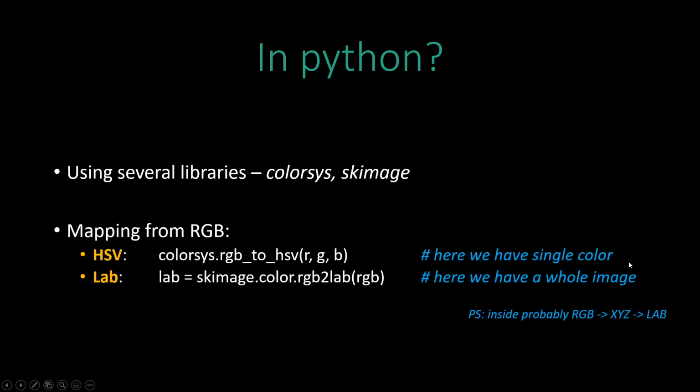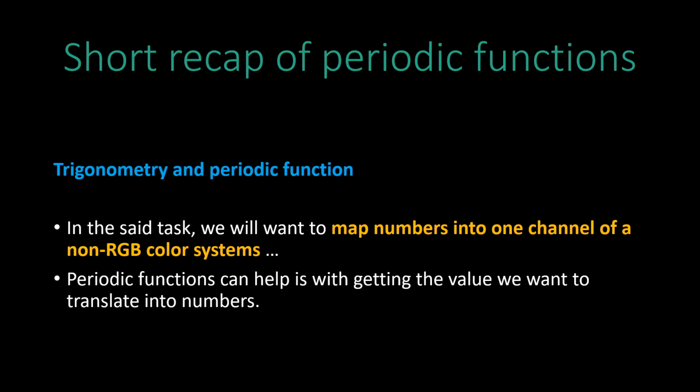In order to do that, we will have a very short recap of some trigonometry and periodic functions, because in the task we will be mapping numbers, maybe from 0 to 1, into one of these channels and seeing what change occurs. Periodic functions can be a helpful way to get a nice sequence of numbers that we can then map.